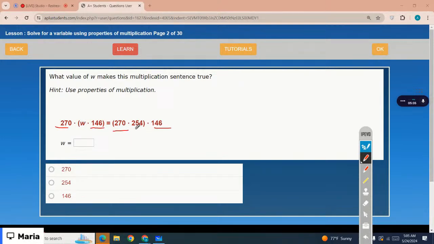So the missing number is 254. Option number 2 is the correct option.